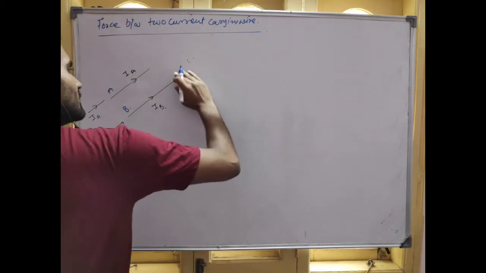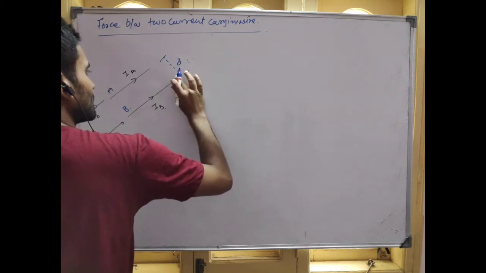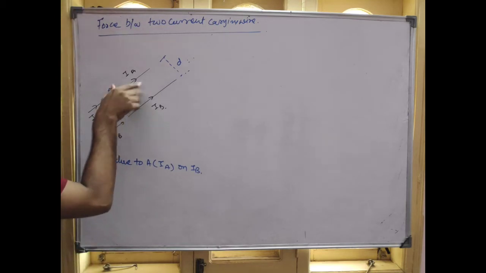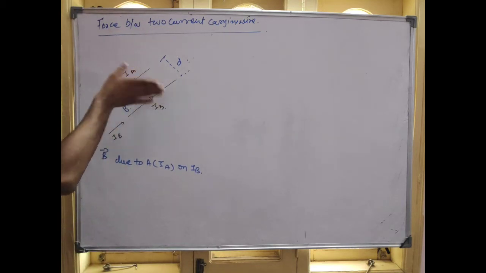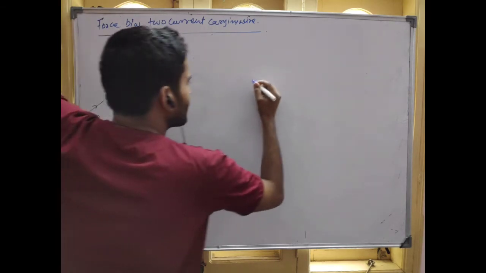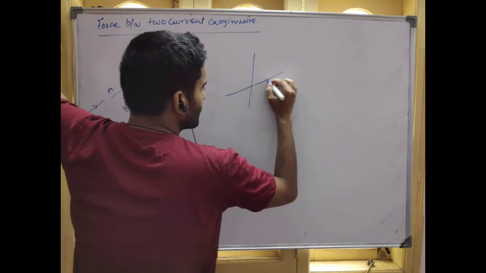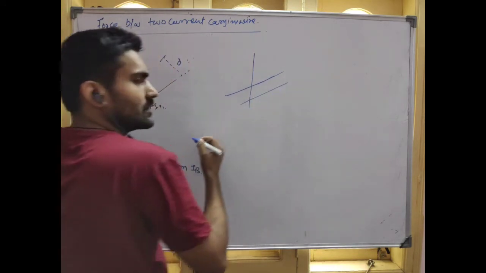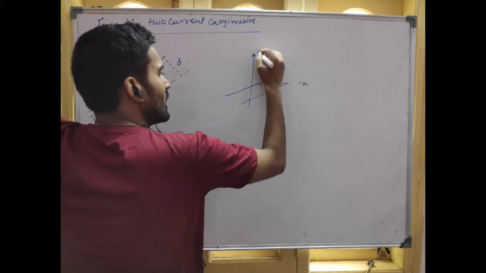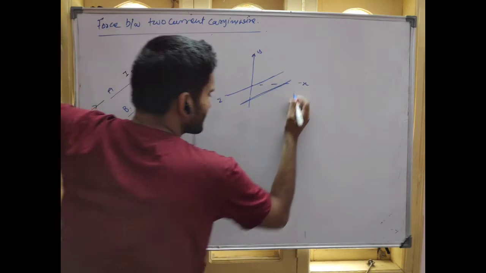So it will be downward. See, these wires are kept like this, along the Z axis. This is X, this is Y, this is Z. So the wires are parallel to the Z axis.